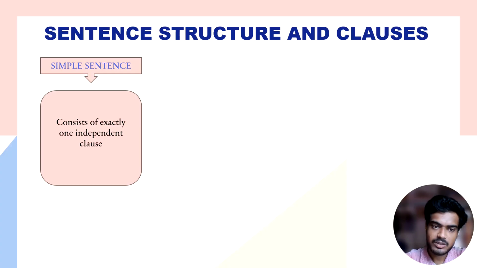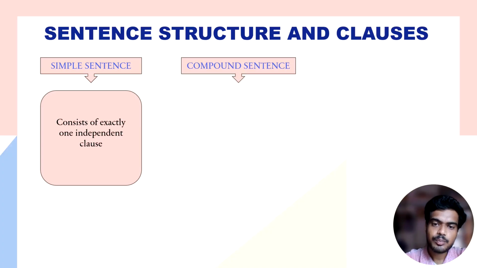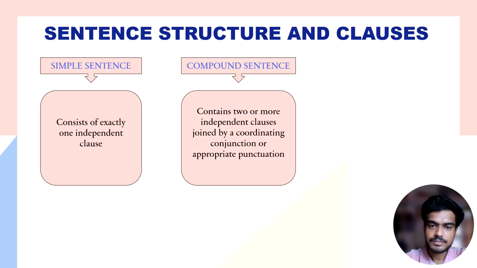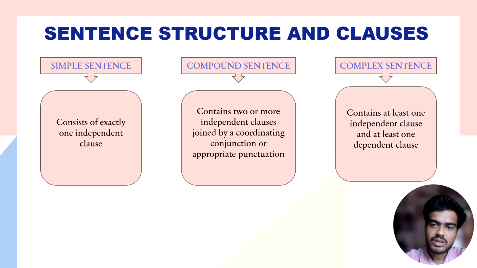Okay, one independent clause can be stayed here, and in the compound sentence, we have two or more independent clauses joined by a coordinating conjunction. Next, we have the complex sentence. In complex sentence contains at least one independent clause and at least one dependent clause.